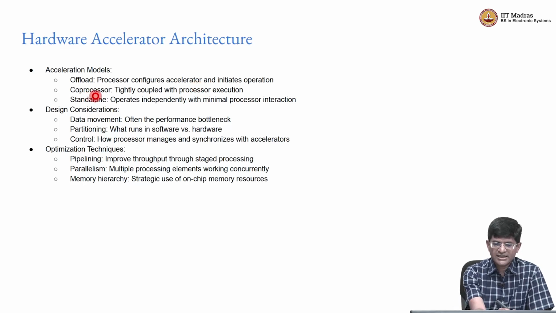There could be scenarios where you have something that is much more tightly coupled with the processor. For example, for a long time there were processors that did not have built-in floating point units. Instead, they would have a different IP module or sometimes even a different chip that would be able to perform floating point computations alone, and that would act as a coprocessor.